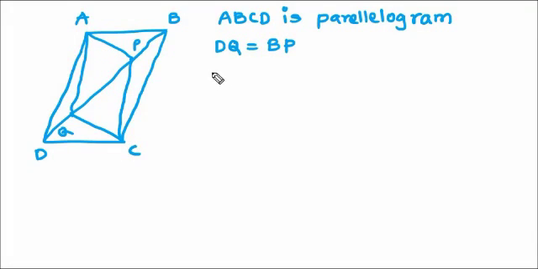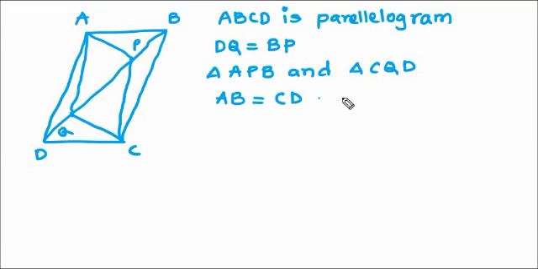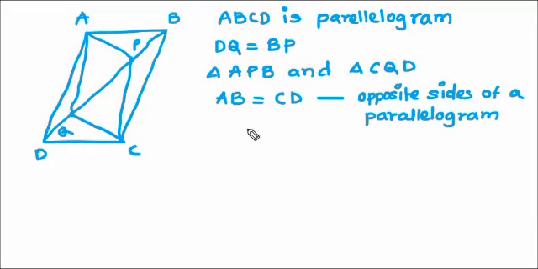So let's talk about triangle APB and CQD. AB is equal to CD, opposite sides of a parallelogram. BP is equal to DQ, it's given.